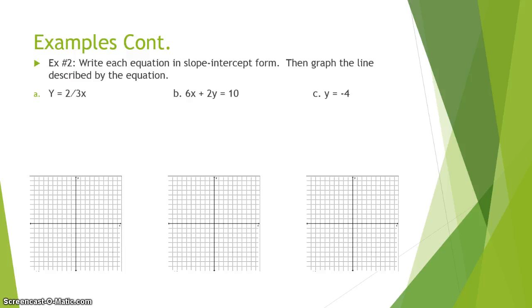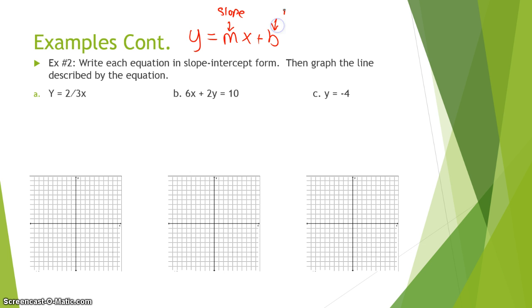Our next set of example problems, they want us to write each equation in the slope-intercept form if it's not in the slope-intercept form, and then they want us to graph the line. So here we have for A, y equals 2/3 x. We need to make sure these equations are in the form of y equals mx plus b. M is my slope.